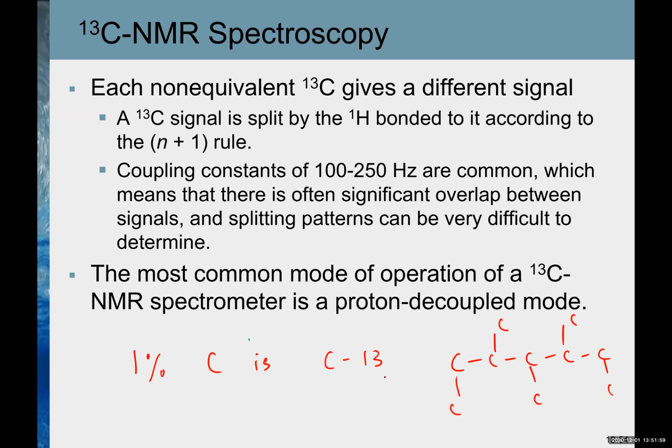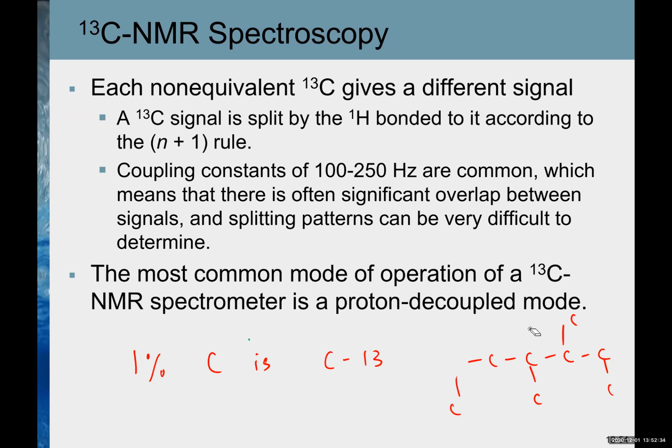Therefore, the signal from C13 NMR spectroscopy is quite weak. In proton NMR, all hydrogens give us signal, but in C13, signal strength is quite weak. One way to increase the signal is to use a high concentration of sample. Instead of taking the signal from one molecule, you take thousands and millions of those molecules together, and together they will have enough C13.